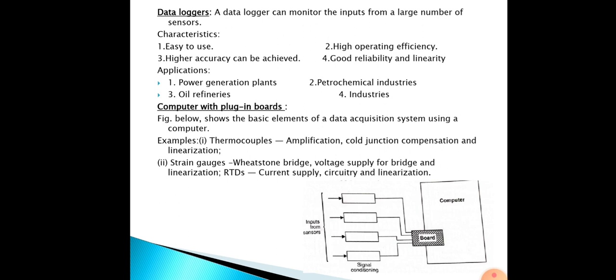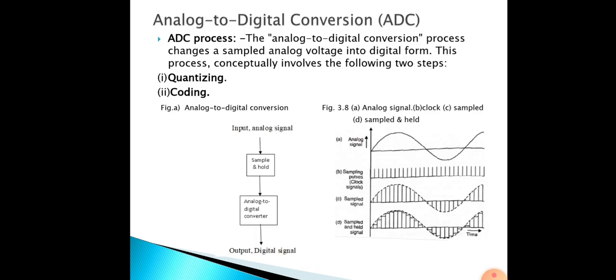Then analog to digital conversion. In analog to digital conversion, we will be converting all the analog data into digital data. The process changes a sampled analog voltage into digital form. This process involves the following two steps: quantization and coding.